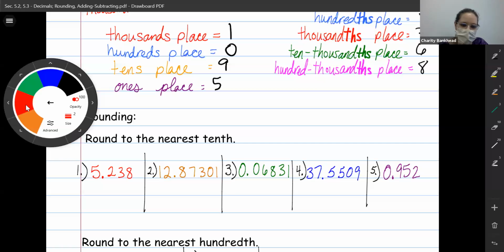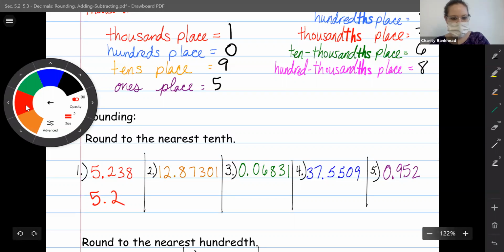Because 3 is less than 5, we round down to 5.2. Whenever you round to the 10th place, your answer is only going to go out to the 10th place and nothing after that.